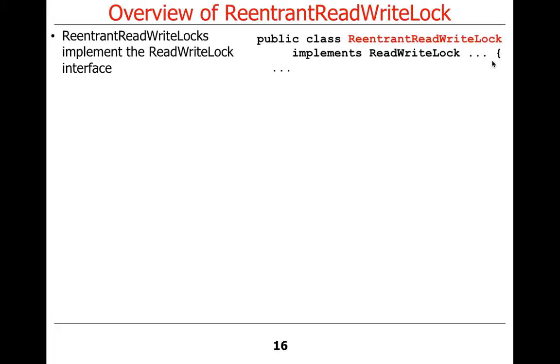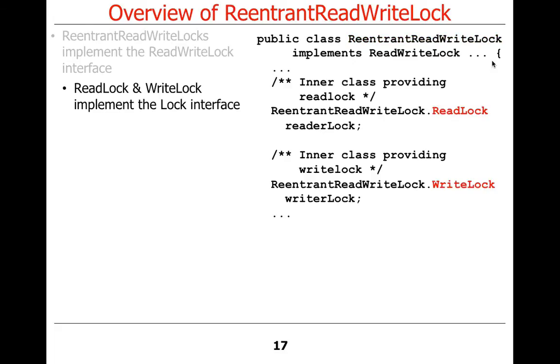Reentrant read-write lock implements read-write lock, and it has a couple of data members, one called reader lock, one called writer lock, and these are instances of read lock and write lock, which are nested classes, which we'll probably have time to look at next class.